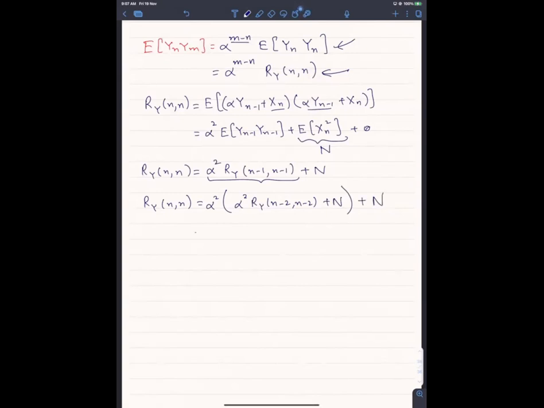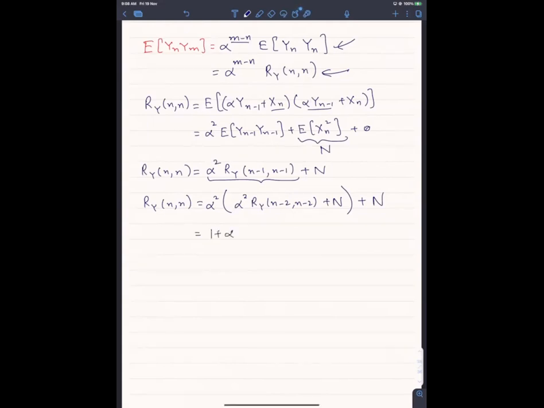So this will turn out to be equal to, see, eventually you will have alpha 4 and then alpha 6, then alpha, and so on and so forth.